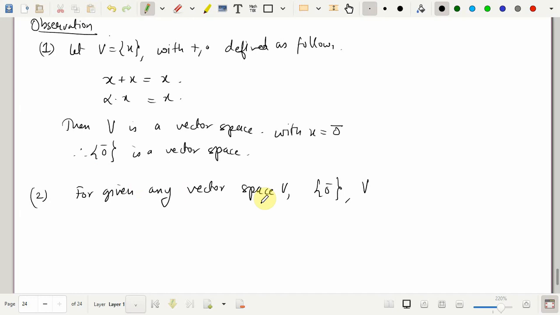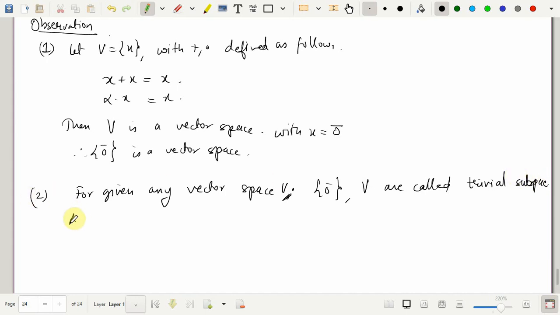So for any given vector space V, these two subsets are subspaces. When do we say a given subset is a vector space? If it itself forms a vector space. Therefore, because they will always be subspaces of the given V, they are called the trivial subspaces.